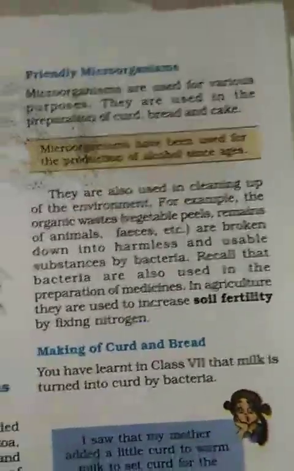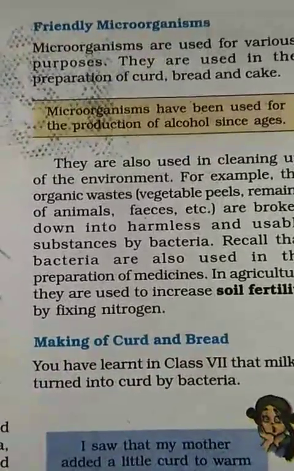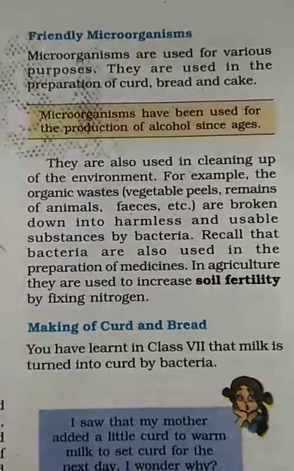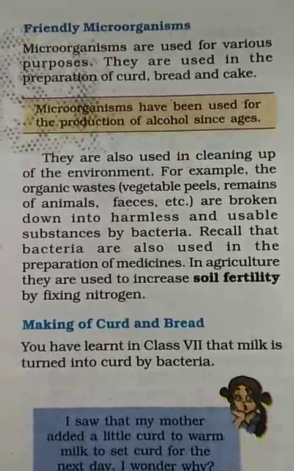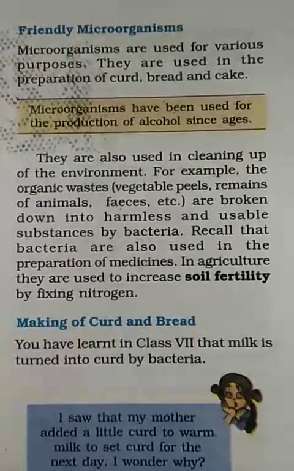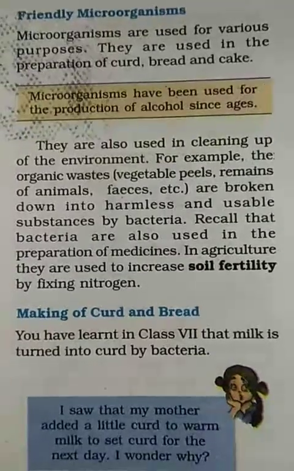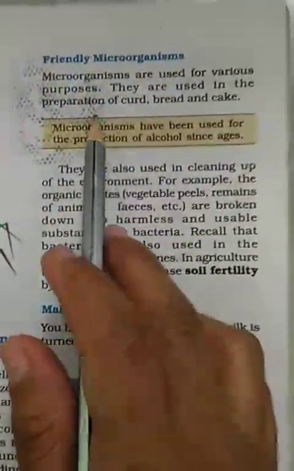We will study this over here. First we will study friendly microorganisms. Friendly means how they are helpful to us. As the lesson title indicates, microorganisms, friend and foe, they can be friends and they can also be enemies. Now here we will see their helpfulness.